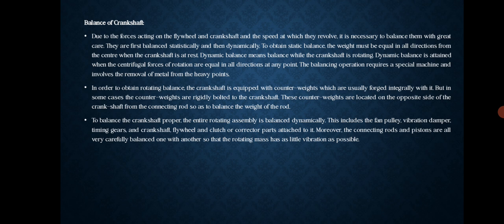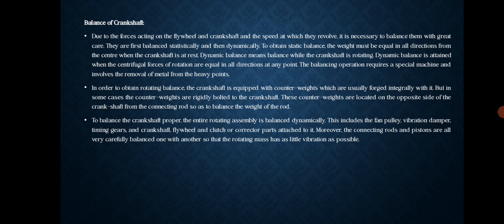In order to obtain rotating balance, the crankshaft is equipped with counterweights, which are usually forged integrally with it, but in some cases the counterweights are rigidly bolted to the crankshaft. These counterweights are located on the opposite side of the crankshaft from the connecting rod so as to balance the weight of the rod.